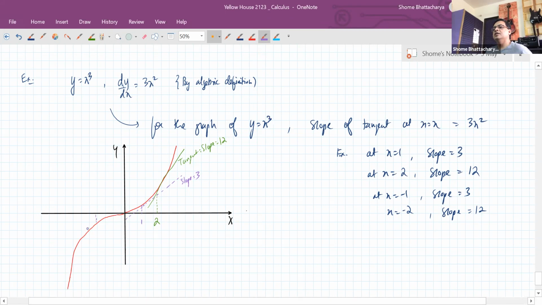If I draw the tangent here, it's still a positive slope. See, still a positive slope. But as I go further away, the value of the slope is increasing. So now all this starts making sense now, right?